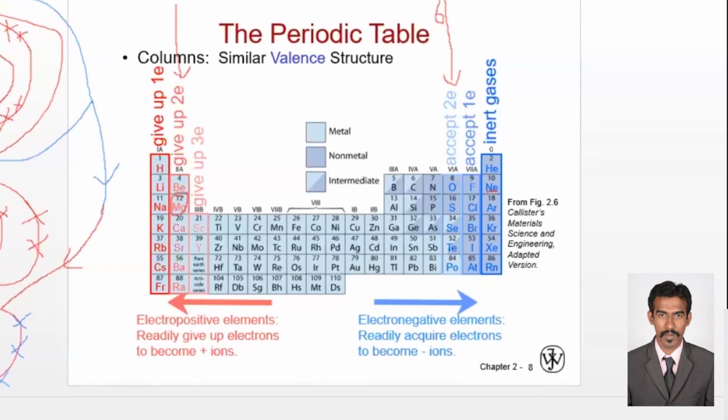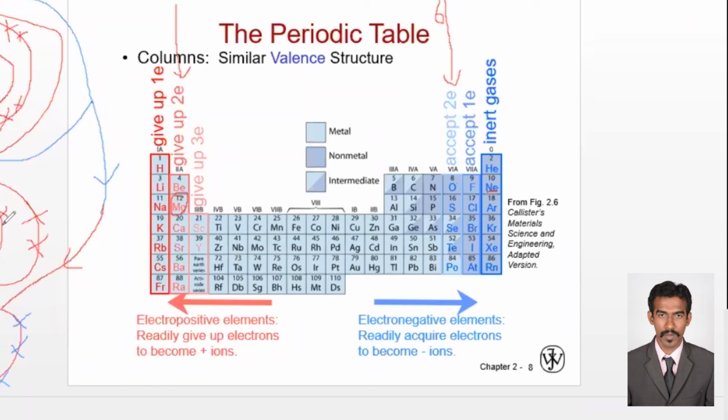So I will draw it in a different color. These 2 are the electrons given by magnesium, and these 2 are the electrons of the oxygen itself, right? So now if you see the oxygen, it has 1, 2, 3, 4, 5, 6, 7, 8, right? 8 electrons in the last orbit. If you see this oxygen and this neon, now these two seem to be similar, right?